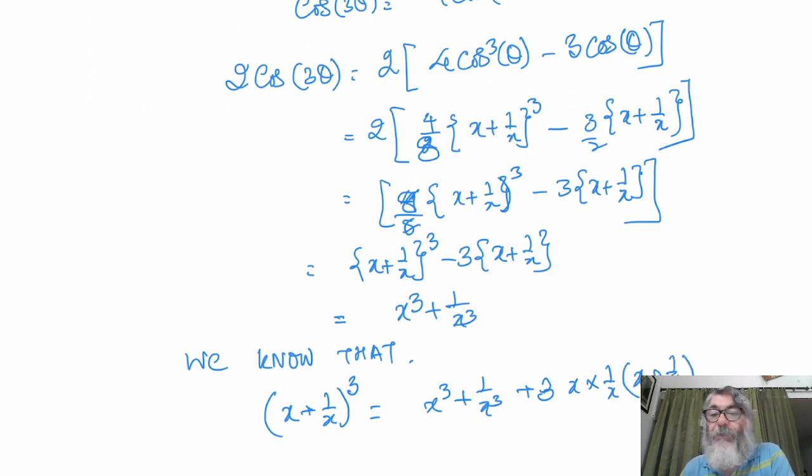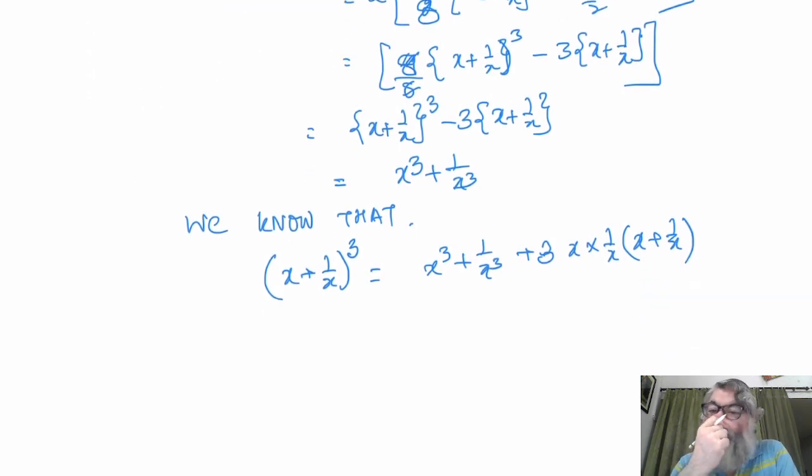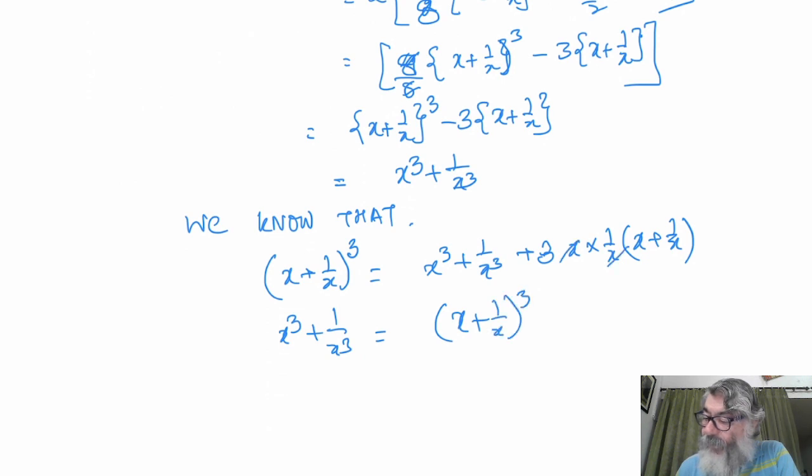If you want to find the cube of the expression x plus 1 upon x, it's a binomial, so a cube plus b cube plus 3ab into a plus b. And if I want to find x cube plus 1 upon x cube, obviously it will be x plus 1 upon x whole cube minus 3 x plus 1 upon x, which was obtained here.